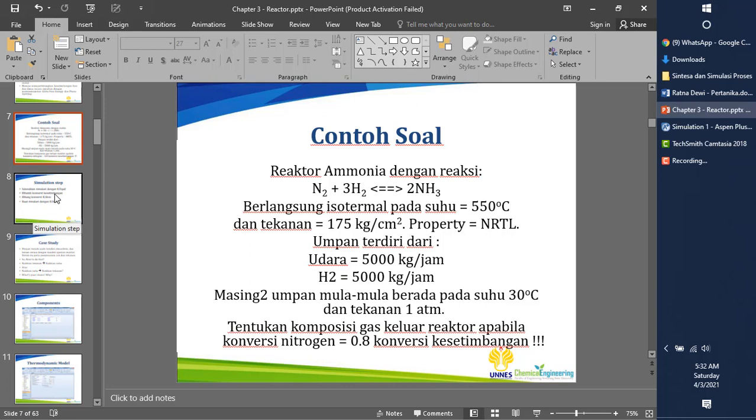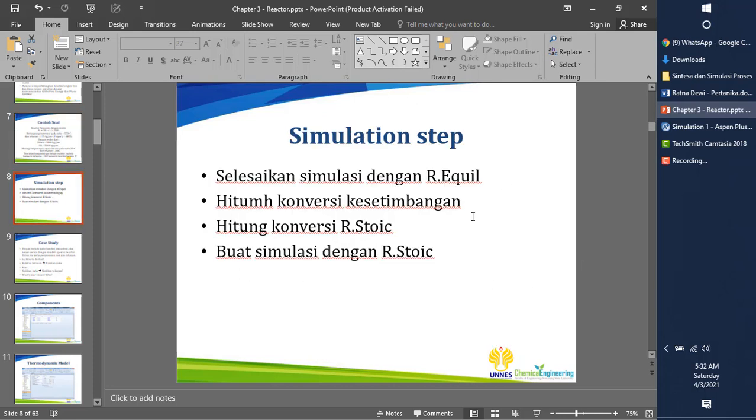After that, you can get the gas outlet composition. So this is the simulation step. You calculate the equilibrium conversion in the R-equil reactor, then you calculate the conversion of the nitrogen in the R-stoic, and then you simulate the ammonia production from nitrogen and hydrogen in the R-stoic.